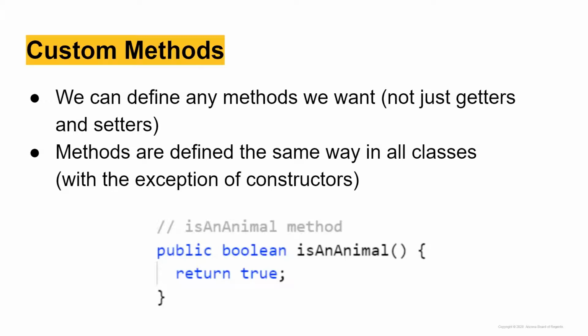If we're making an object that is an animal, it's going to be an animal. So if you're asking, is it an animal, then it's just going to return true. This is an animal. Obviously, in the real world or in your assignments or projects or whatever, you're going to have much more useful cases of different methods to put in classes than this.